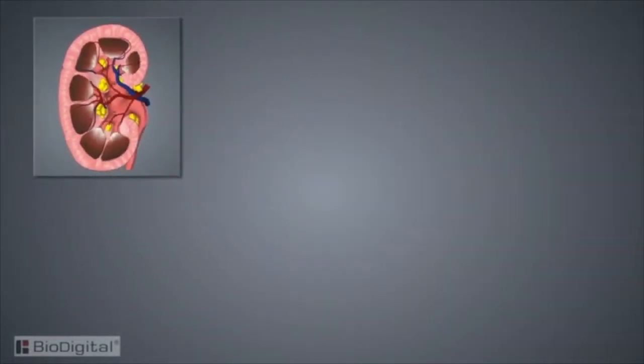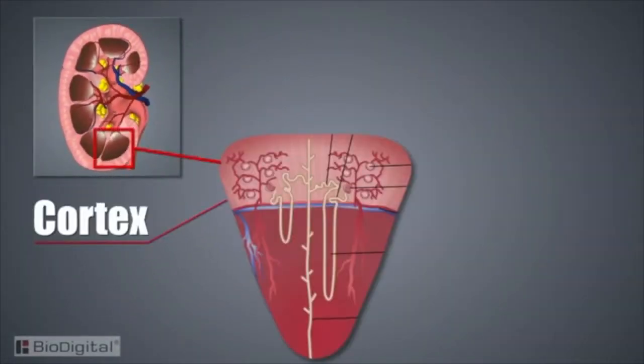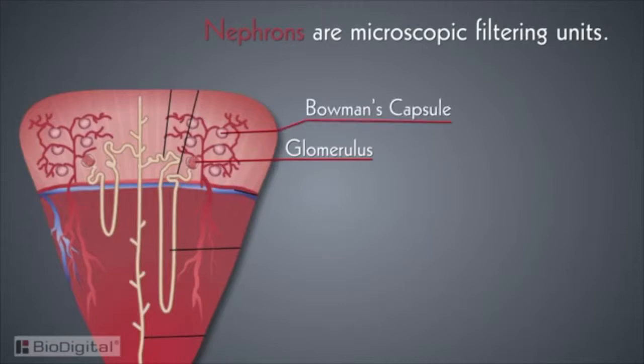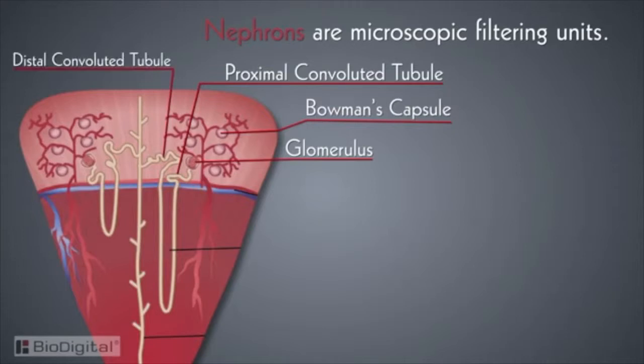The cortex is the outer section of the kidney. It contains the majority of nephrons. Nephrons are microscopic filtering units. These filtering units are composed of the following structures: a glomerulus, a Bowman's capsule, a proximal convoluted tubule, a distal convoluted tubule, and a collecting duct.